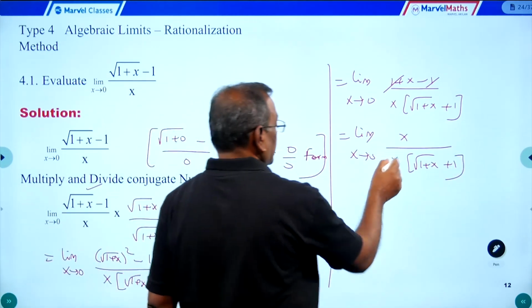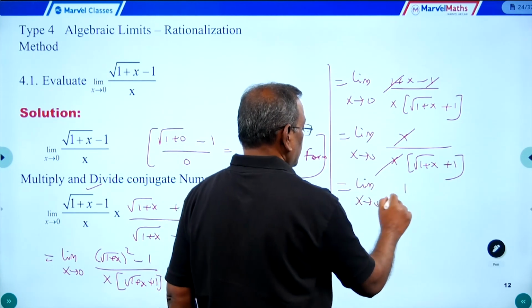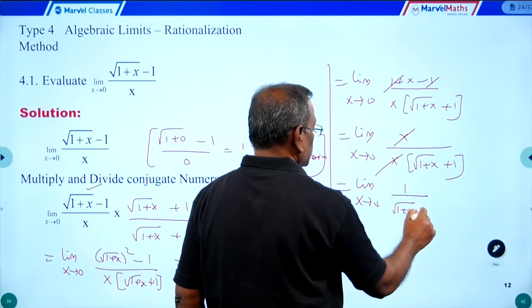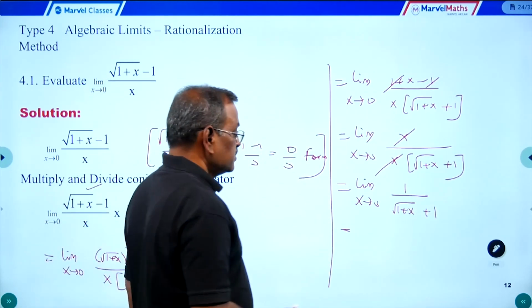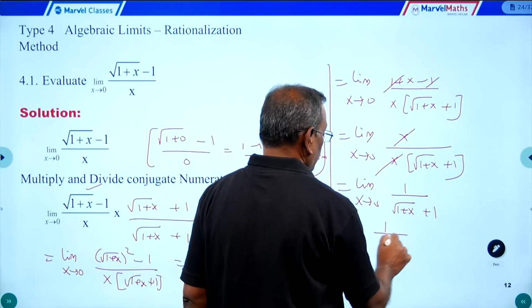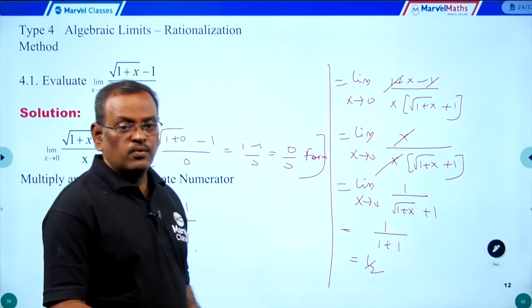Simplify further, again x gets cancelled. So limit x approaches 0, 1 by root of 1 plus x plus 1. Now direct substitution. If you directly substitute this value, 1 by 1 plus 1, the answer is 1 by 2.